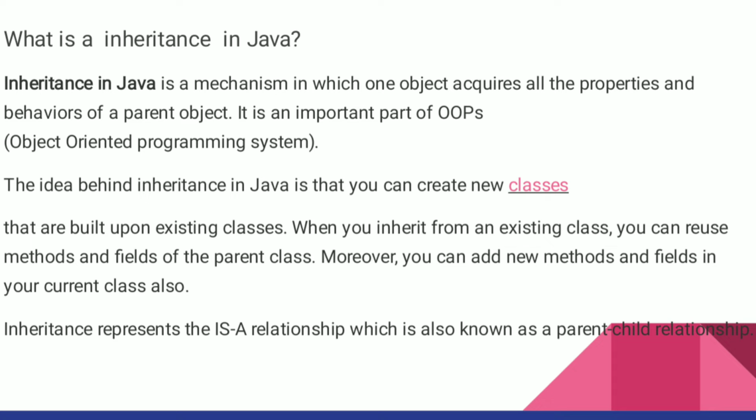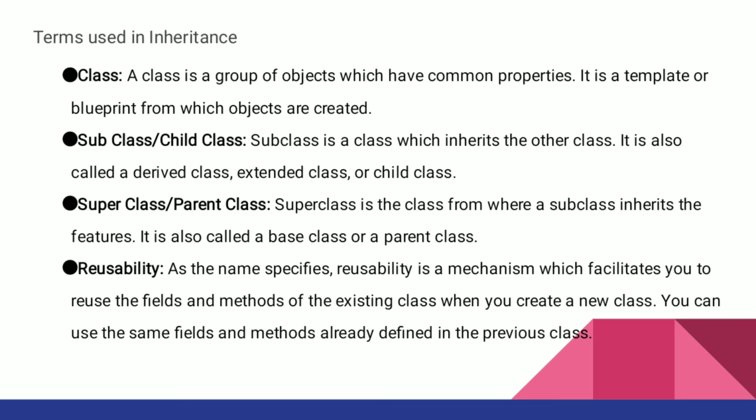It provides code reusability. It is used to achieve runtime polymorphism. Inheritance represents the IS-A relationship, which is also known as a parent-child relationship.